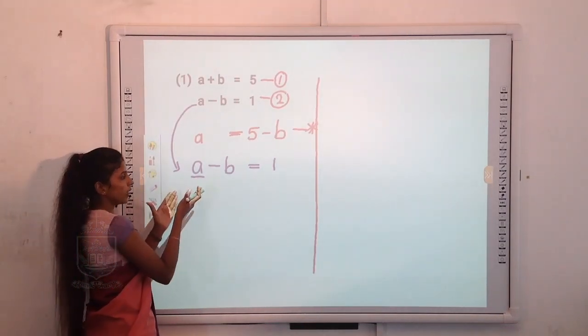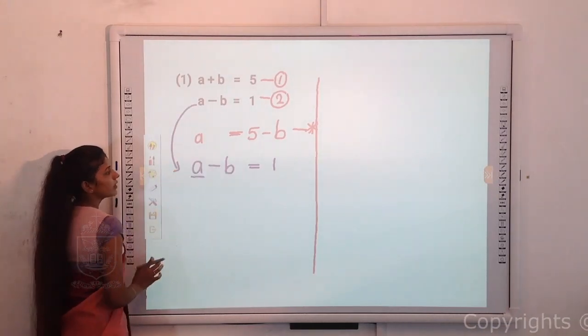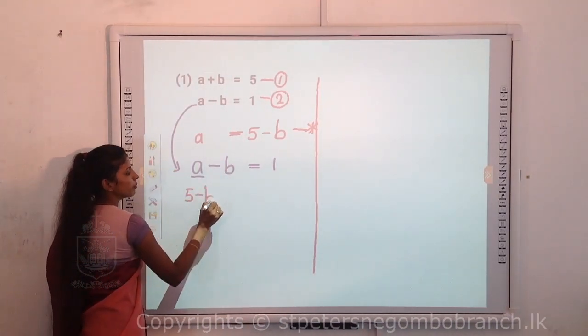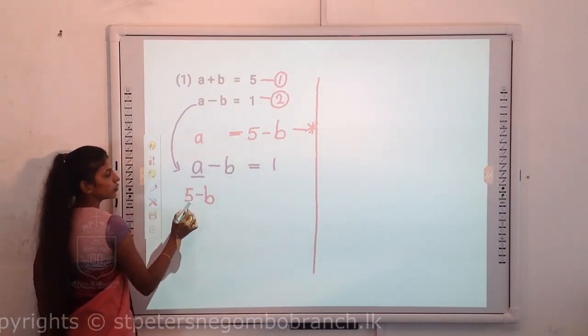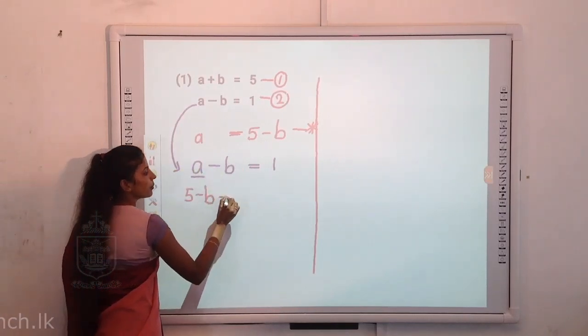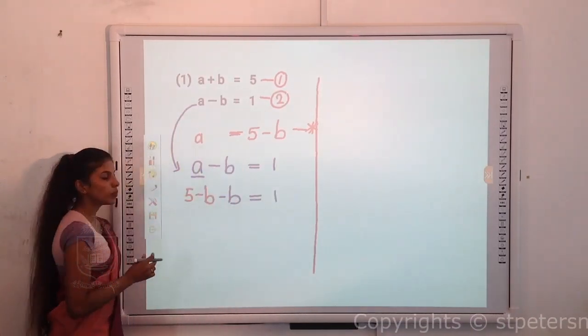You are going to replace A using this expression. So instead of A, I am going to write 5 minus B. And what is remaining here? Minus B equals 1.